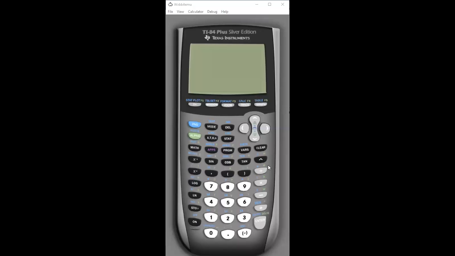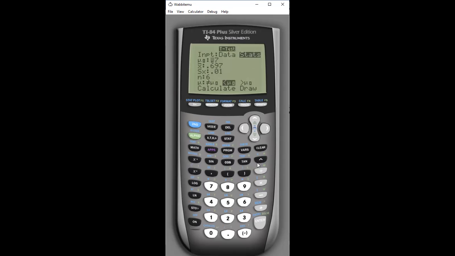Here's my calculator. Let's clear that. So what are we doing? We press stat, make sure you write it down, then test. It's a t-test, so you go to T-Test and press enter. You use the statistics.